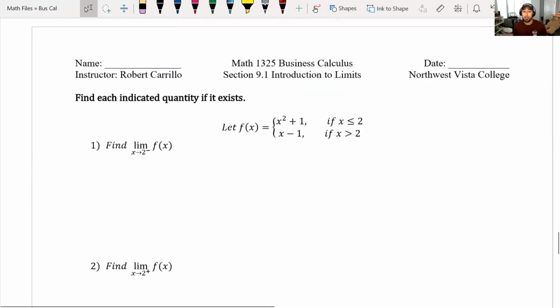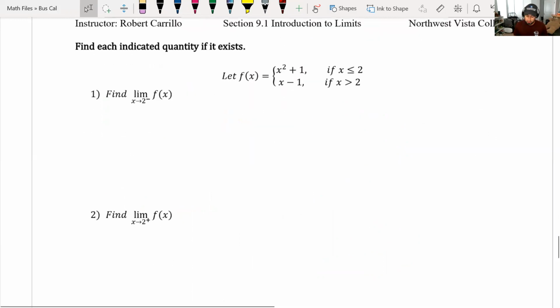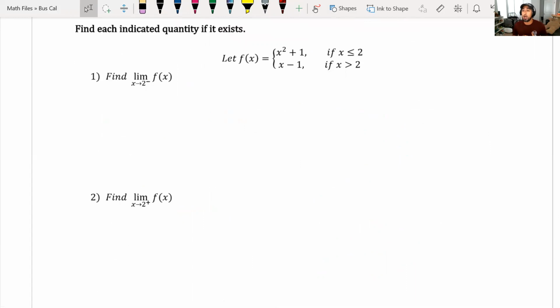All right, last one. This one is an exercise on reading piecewise functions and connecting restrictions to limits. Let me pause for a moment. Okay, pause over. So again, taking piecewise functions and connecting their restrictions with limits.